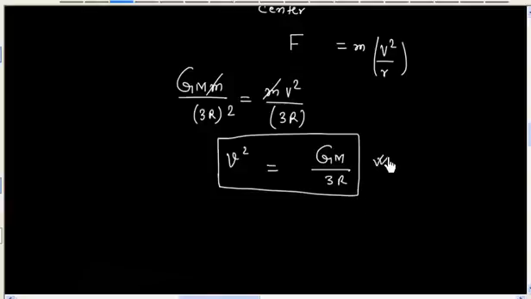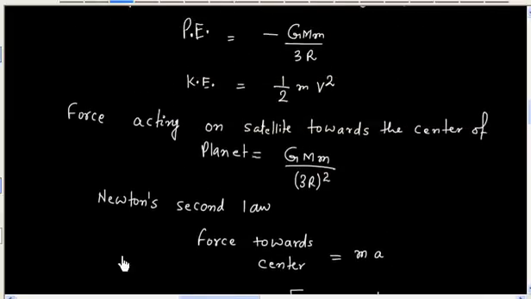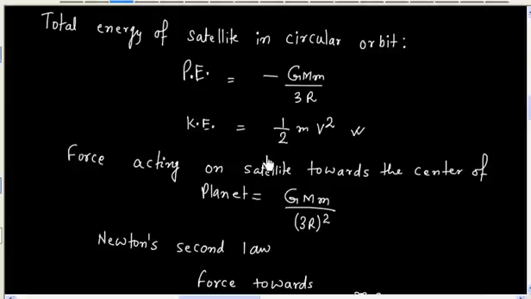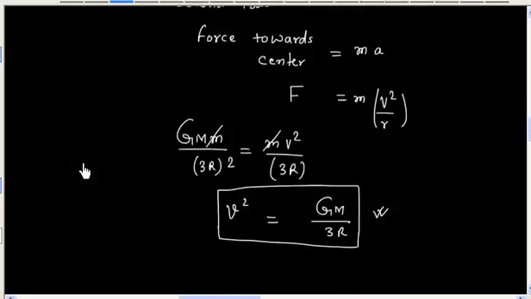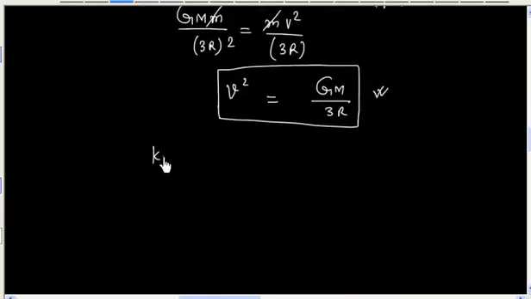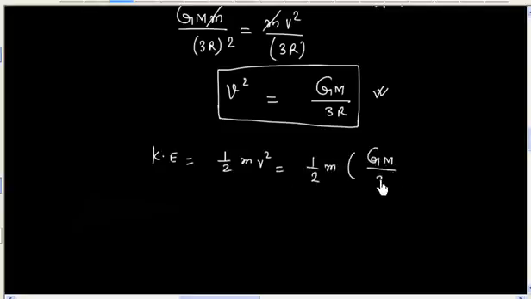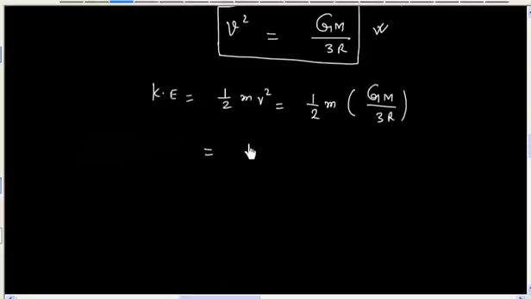Now we can plug the value of v square to calculate kinetic energy. So kinetic energy is half m v square. So half m and v square is simply GM by 3r. So kinetic energy is GMm by 6r.